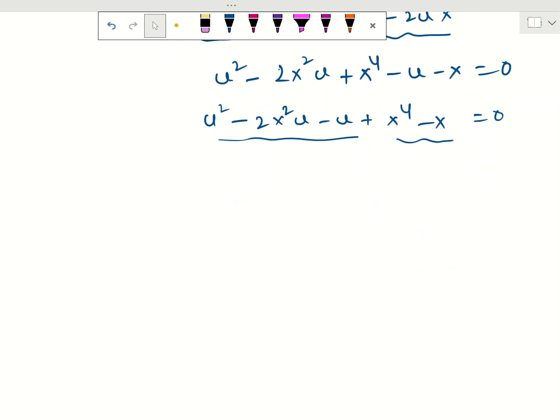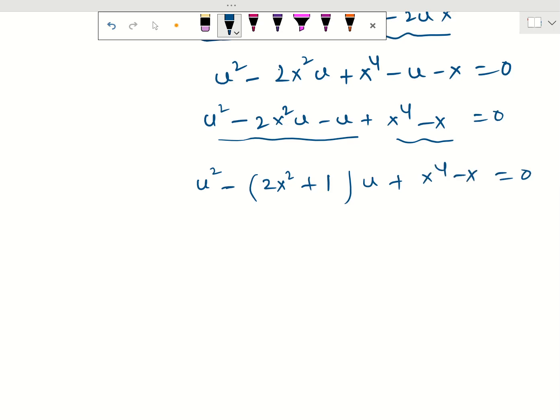Now for this u square, if we take minus u common, then it will be u square minus u times 2x square plus 1, plus x to the power of 4 minus x is equal to 0.